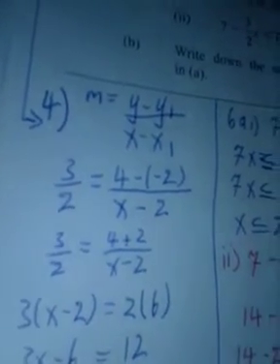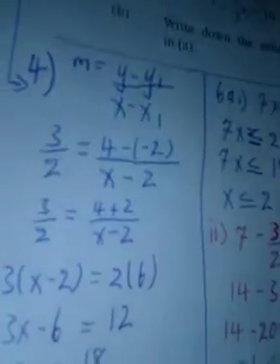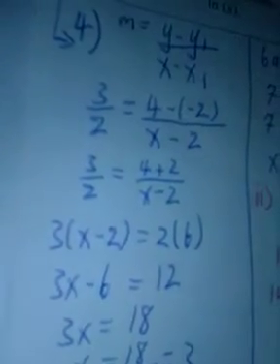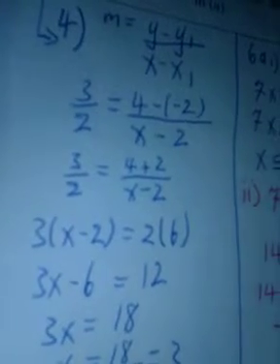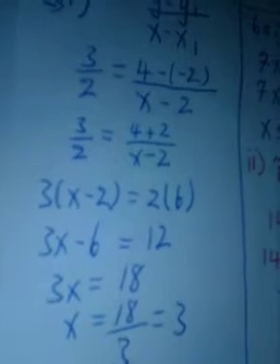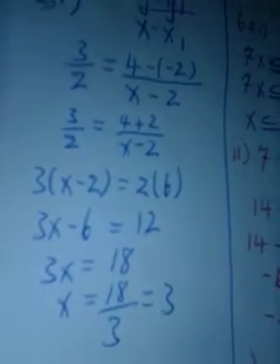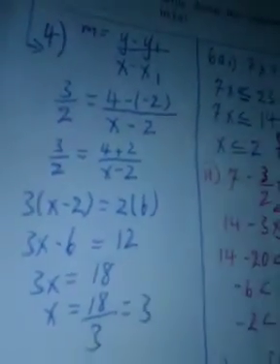So I cross multiply. I get 3 times x minus 2 is equal to 2 times 4 plus 2, which is 6. Expanding the bracket, 3x minus 6 is equal to 12. I bring the minus 6 over, it becomes a plus 6. 3x equal to 18. Divide both sides by 3, I get x is equal to 3.